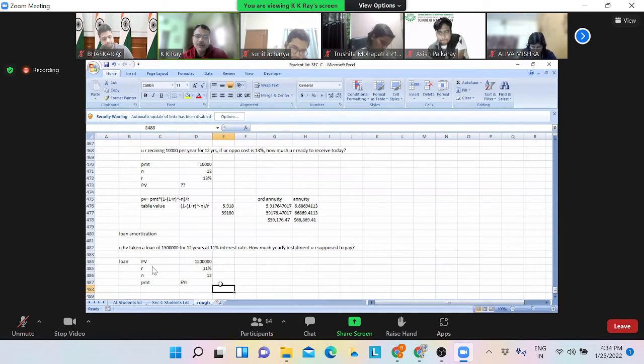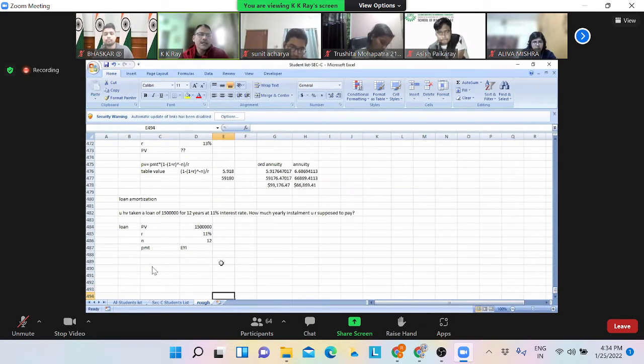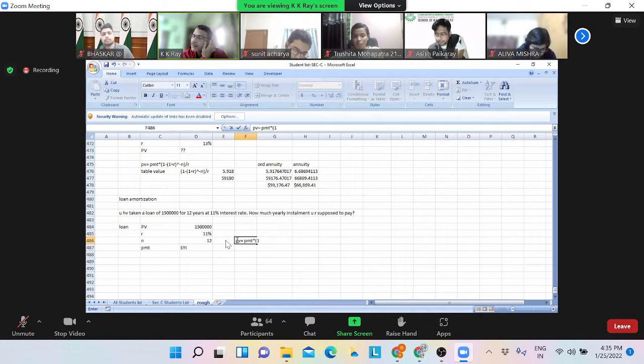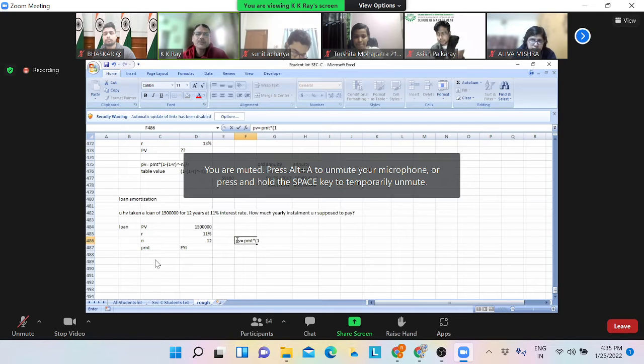So how to find that out? In the formula that you know, present value equals PMT multiplied by 1 minus (1 plus r) to the power minus n, divided by r. Just now we did this one.